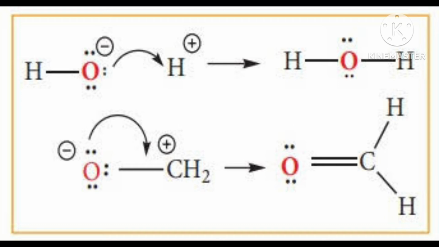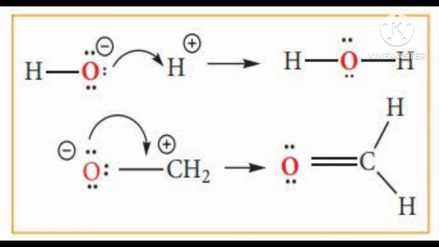Also, suppose it is not going to a bond, it is going to an atom only, then you can show it from the pi bond to the atom, on the head of the atom, not to the bond.